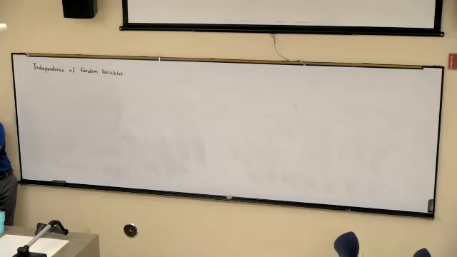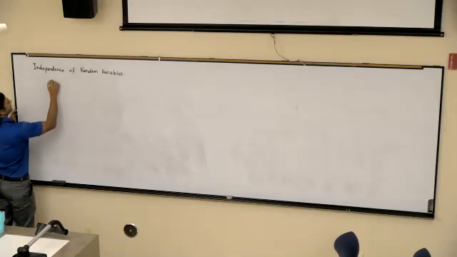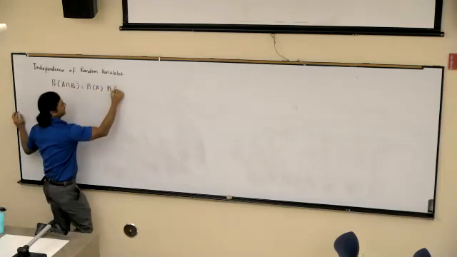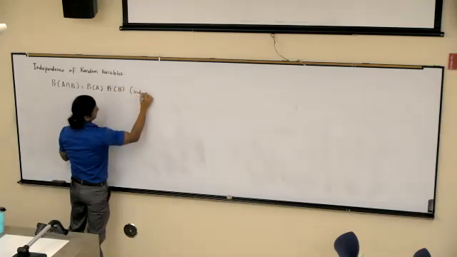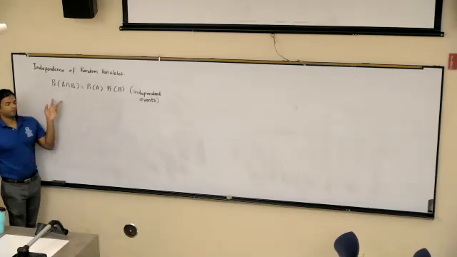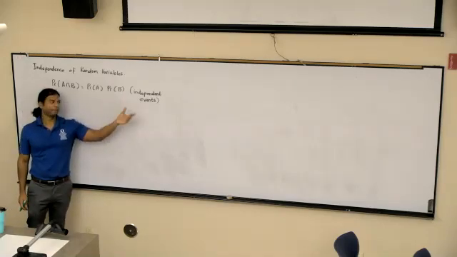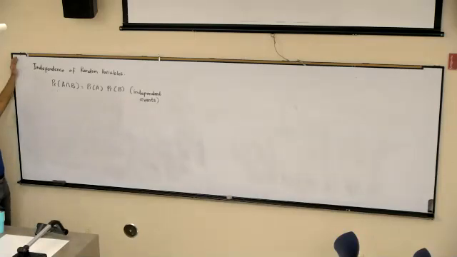For two events A and B, you should know the multiplication rule: the probability of A intersect B is simply equal to the probability of A multiplied by the probability of B. That's what we have if we have independent events. The concept can simply be extended to random variables.